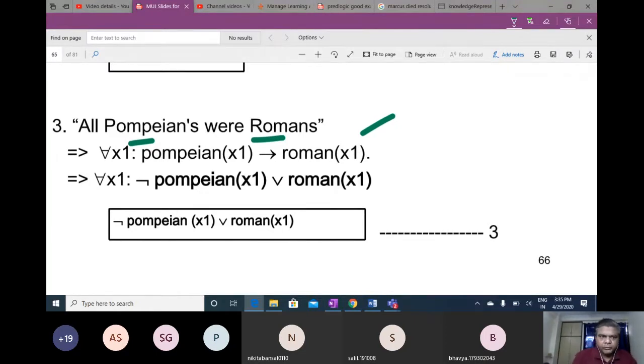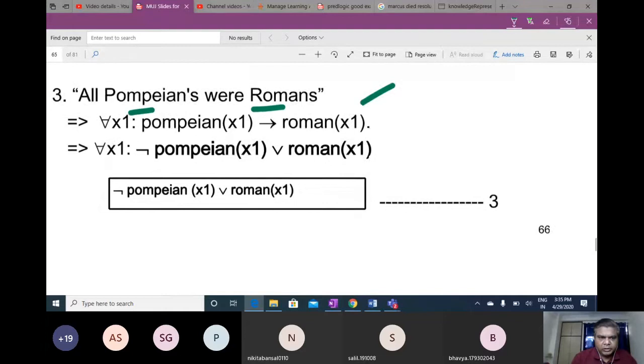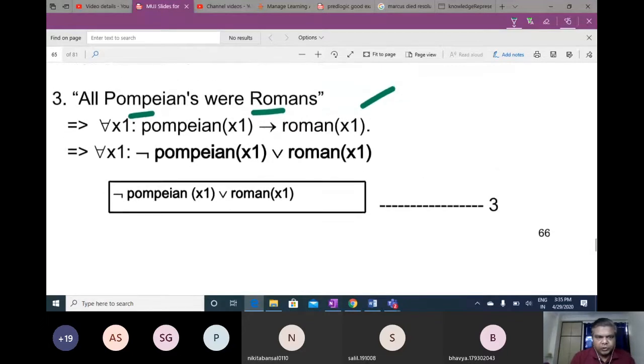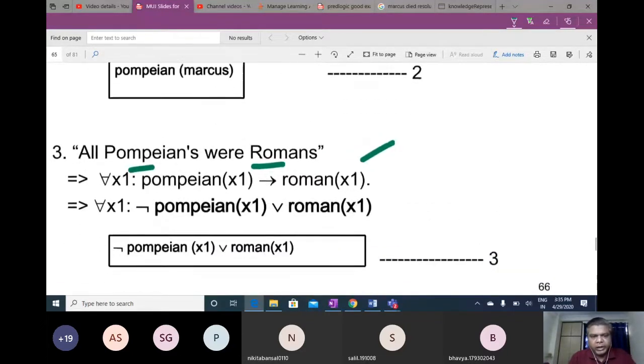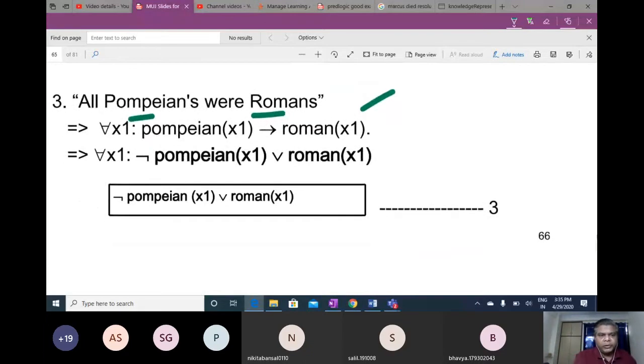So that we can do our resolution and unification properly. All Pompeians were Romans: for all x1, Pompeian x1 implies Roman x1. Side by side, we are converting them into CNF also. We first eliminate the implication sign: not Pompeian x1 or Roman x1.